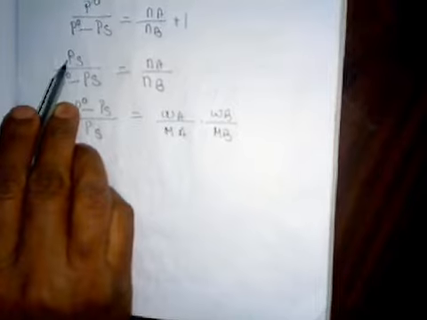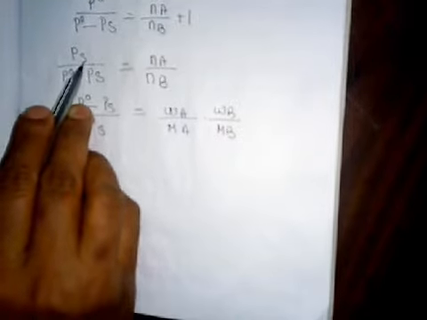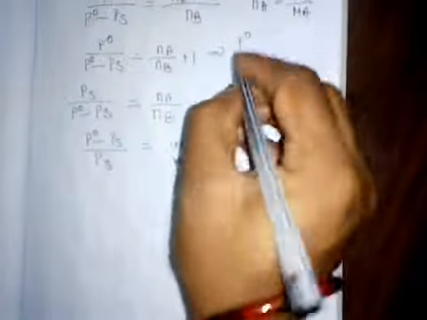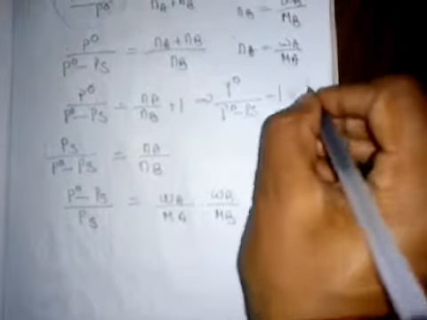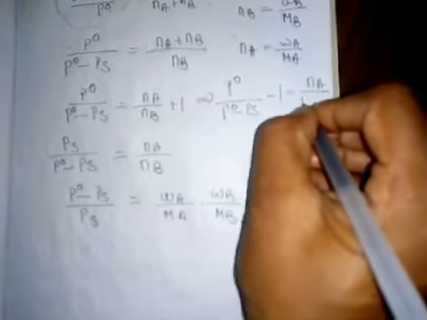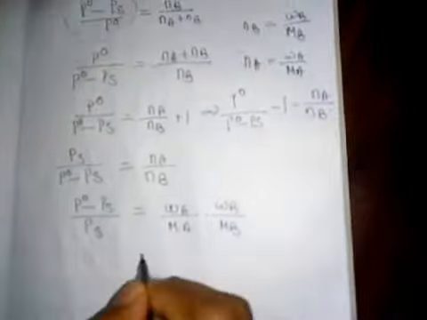We can put it as P naught by P naught minus Ps minus 1 is equal to Na by Nb.